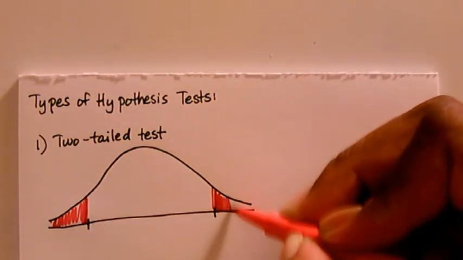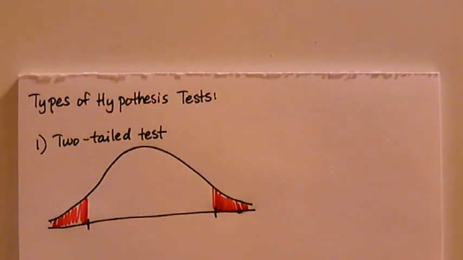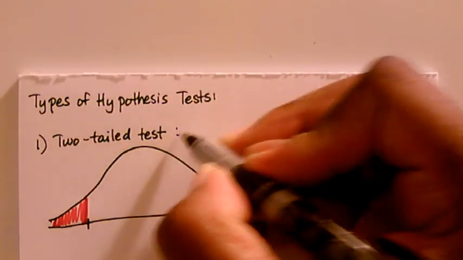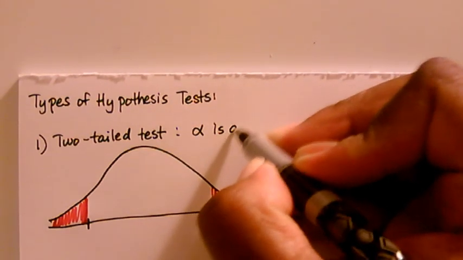In a two-tailed test, that means that the area is in the two extreme regions, or what they call tails, under the curve.